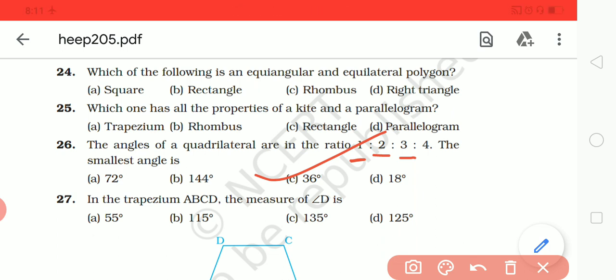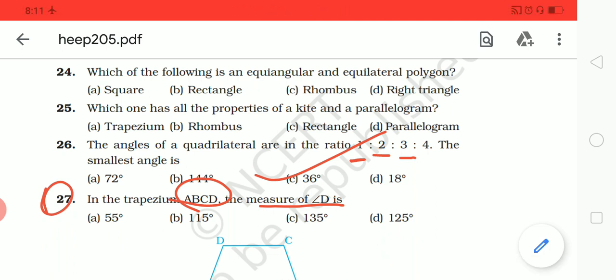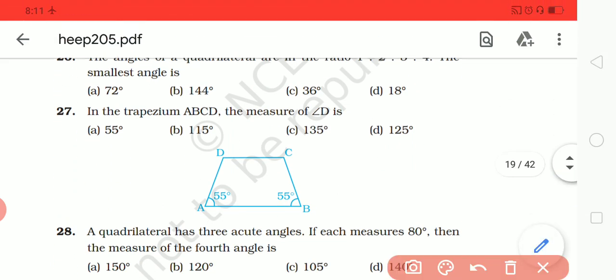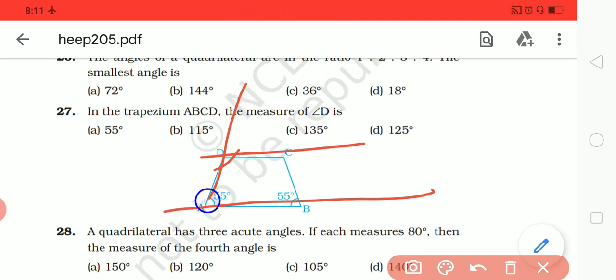So come to the 27th question. In trapezium ABCD, the measurement of angle D is? Let us see the figure. You have to find this angle D. You know that these two lines are parallel, and with a transversal, angles A and D are both interior angles on the same side of the transversal, so they are supplementary.